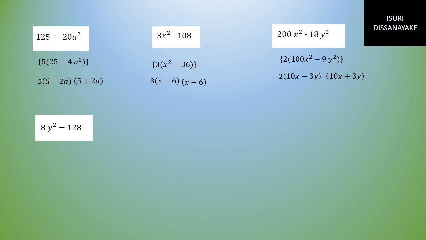Next, 8y squared minus 128. We bring 2 out from the bracket. Within the bracket we have 4y squared minus 64. 4 means 2 squared, 64 means 8 squared. So we have 2 times (2y minus 8)(2y plus 8).